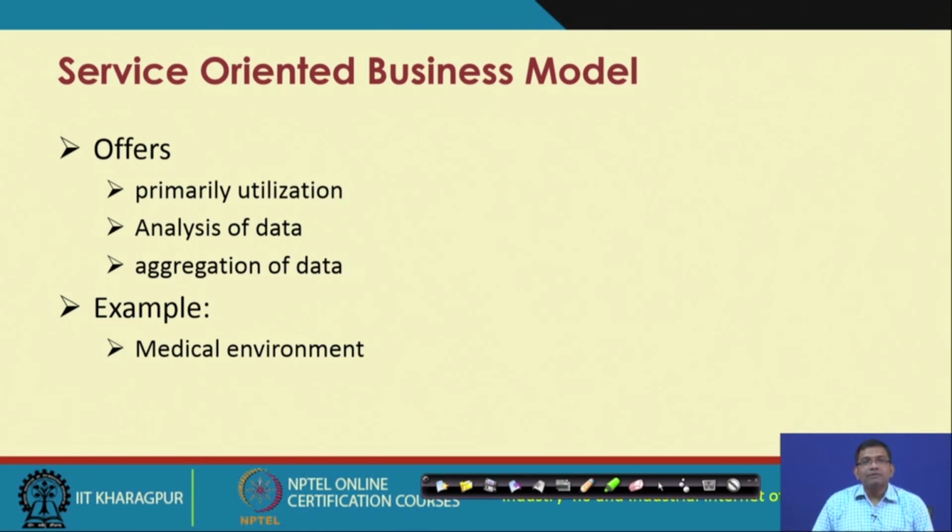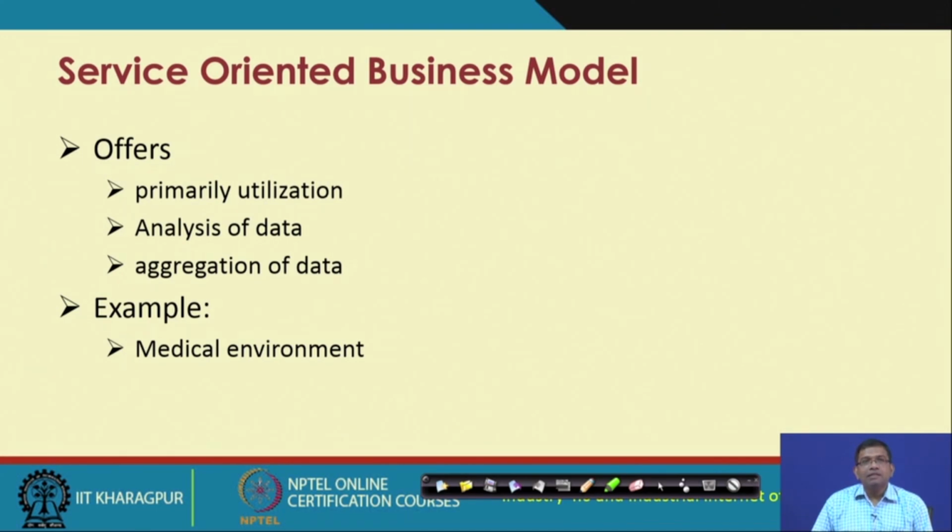Let me give you an example of the service oriented business model. In our SWAN lab in IIT Kharagpur, we have developed the AmbuSense system. This is an IoT based system for ambulatory healthcare. In the ambulances, the health condition of the patients can be monitored.